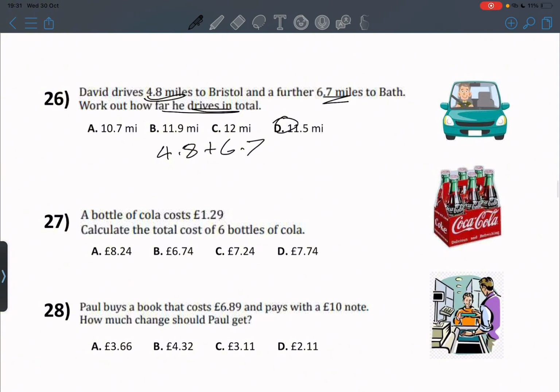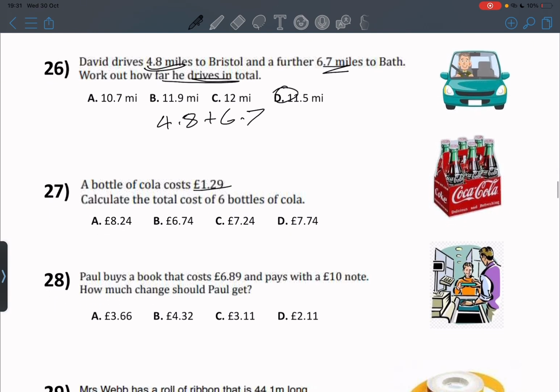Question 27. A bottle of cola costs £1.29. Calculate the total cost of 6 bottles. So what you have to do here is times it by 6. And remember, you have to keep in mind that there are 2 numbers behind the decimal point.